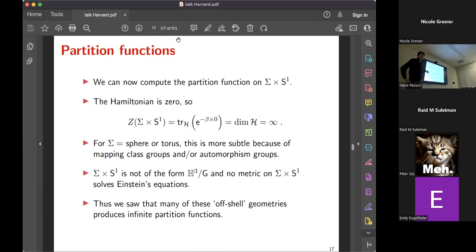So these are topologies that don't admit a solution to Einstein's equations, and so they're sometimes called off-shell geometries. This very simple argument already shows you that the partition function on many of these off-shell geometries is just infinite. And I don't know of any natural way of getting a finite number out of that. There are ways, but I don't think they're very natural.